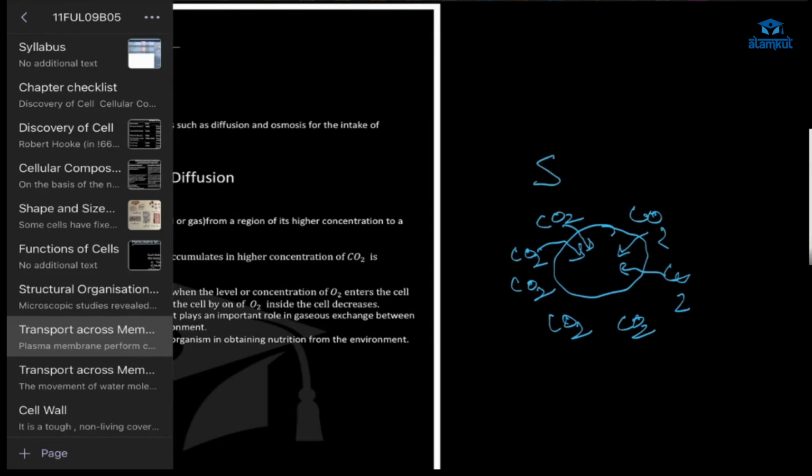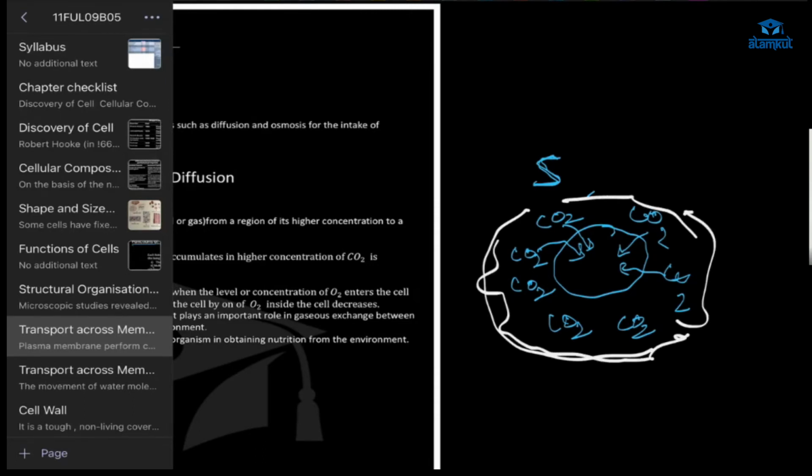In the surroundings we have more concentration of carbon dioxide, and in the cell there is no carbon dioxide. What happens? Carbon dioxide moves inside the cell through the process of diffusion. This is called diffusion.